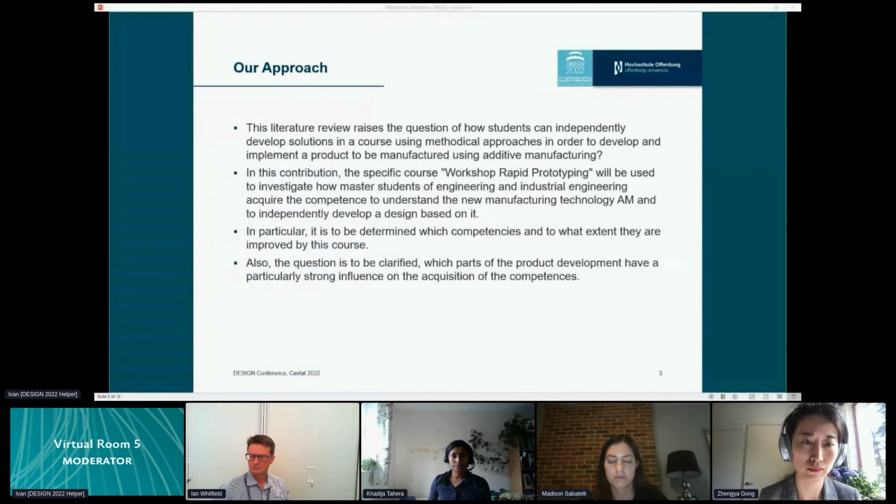In particular, it is to be determined which competences and to what extent they are improved by this course. Also, the question is to be clarified which parts of the product development process have a particularly strong influence on the acquisition of competences.